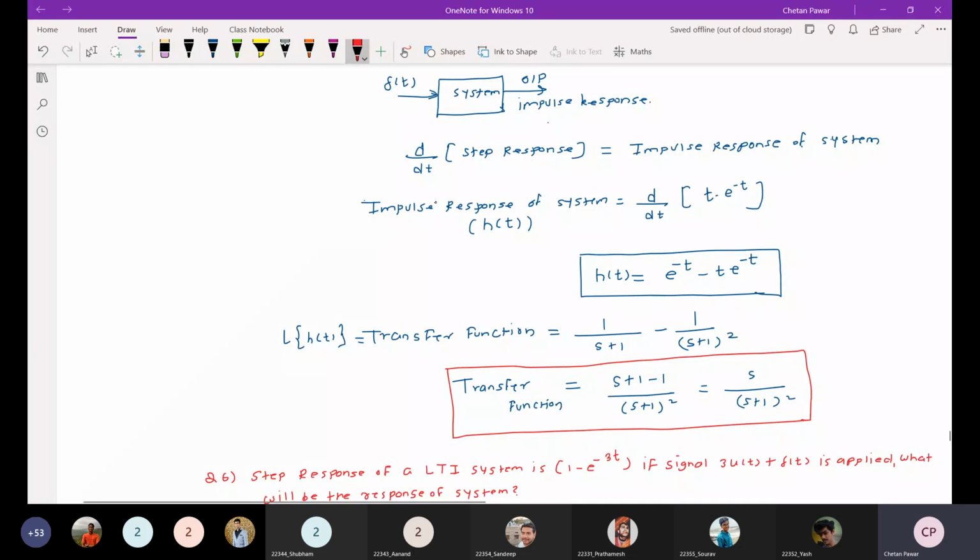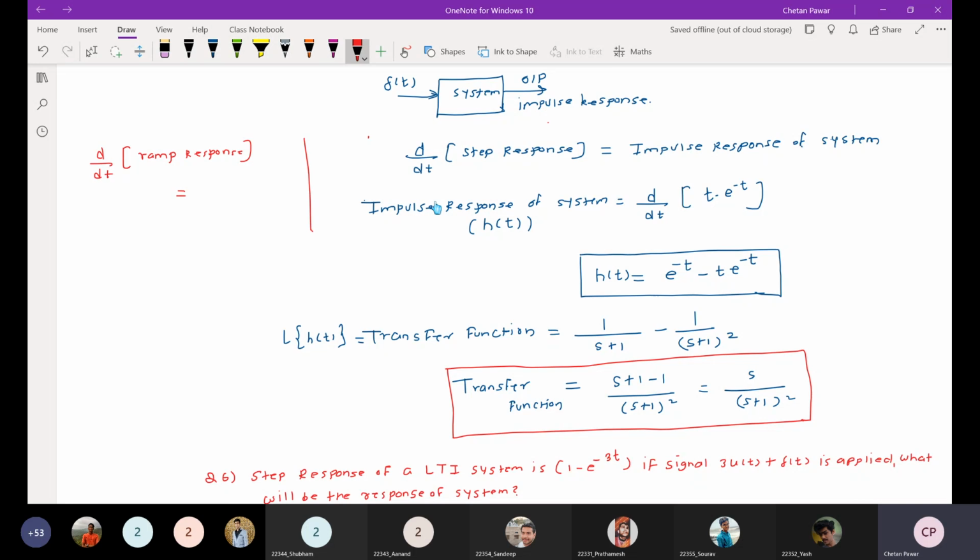There are other identities also. If we take d by dt of the ramp response, or differentiation of the ramp response, what will you get?